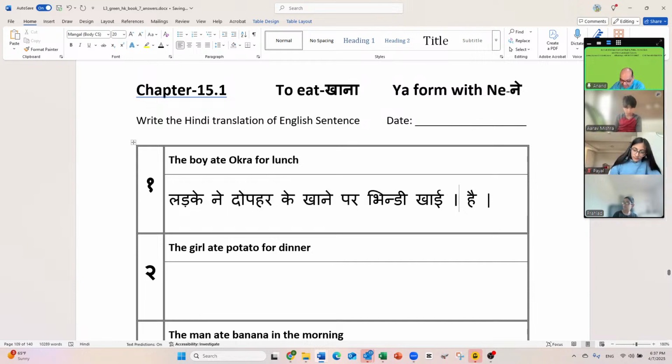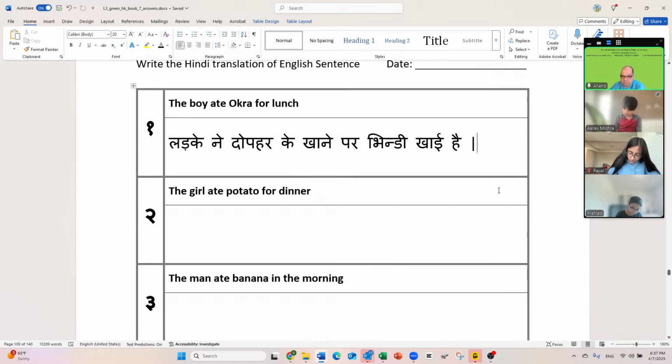Understood how I arrived at this sentence, everybody? Okay, go and write it down, and then if you have any questions ask me again. धन्यवाद आरव.